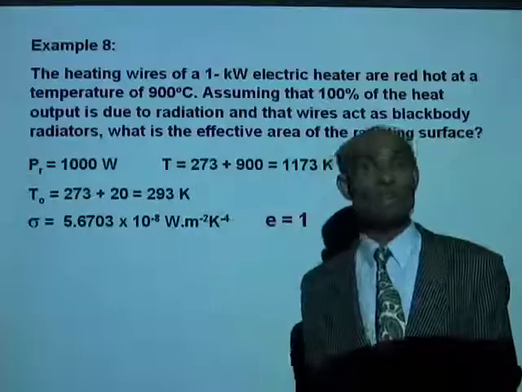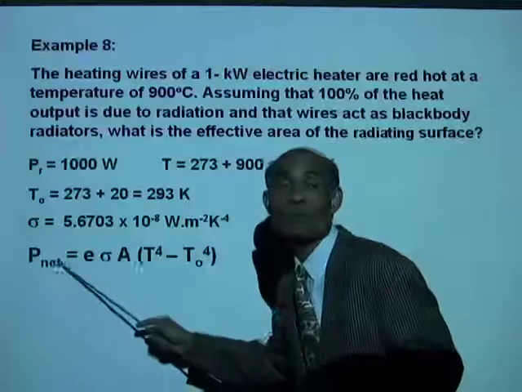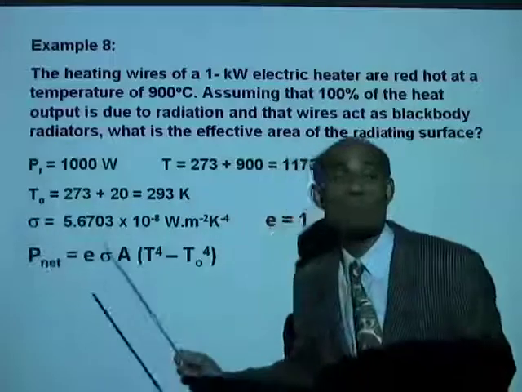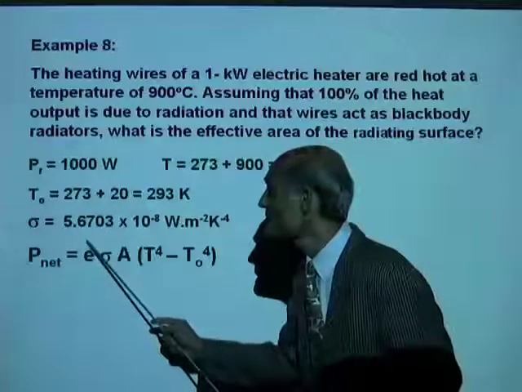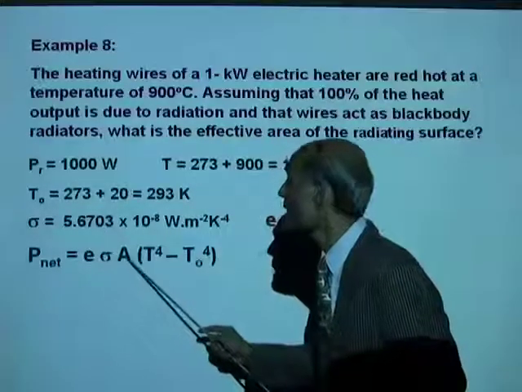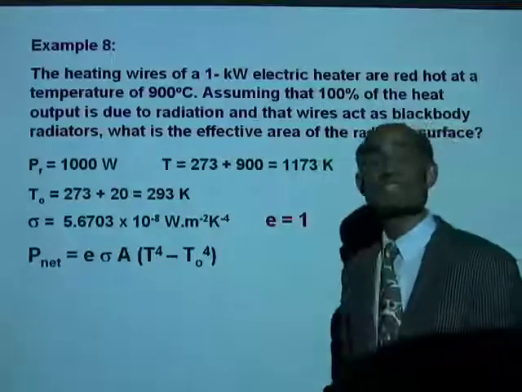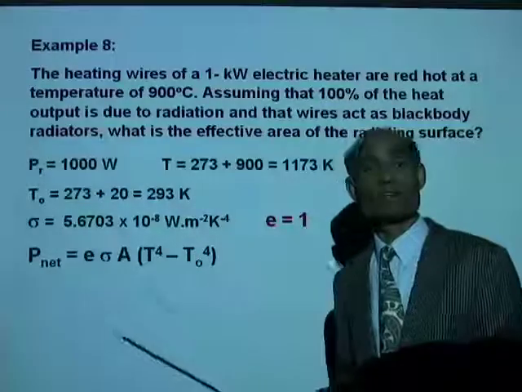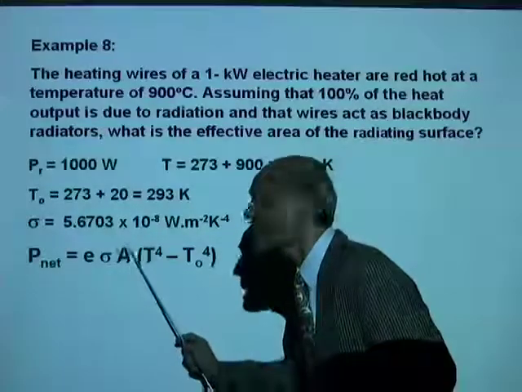It's a perfect radiator. All we need to do is write down the equation for the net power radiated. The net power radiated is E sigma A times T to the power 4 minus T0 to the power 4. And we know all these quantities except A.